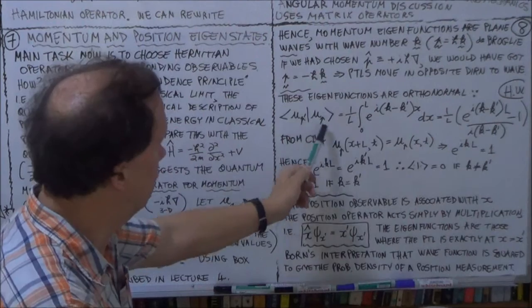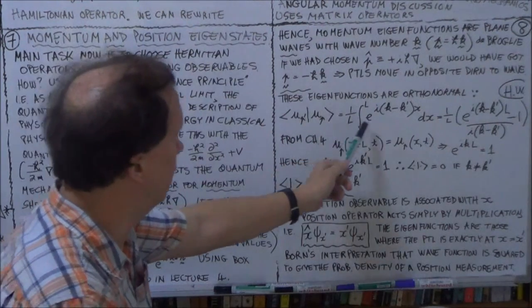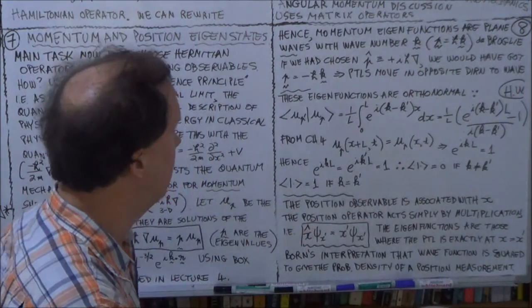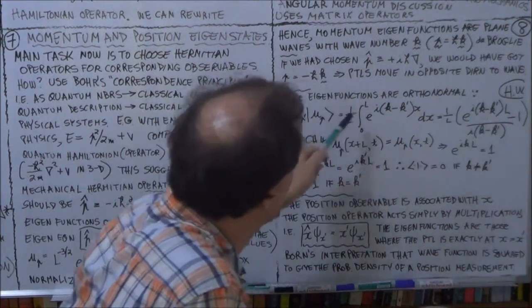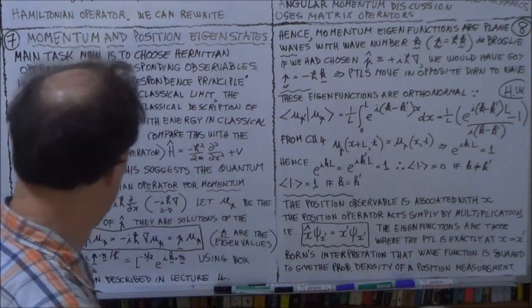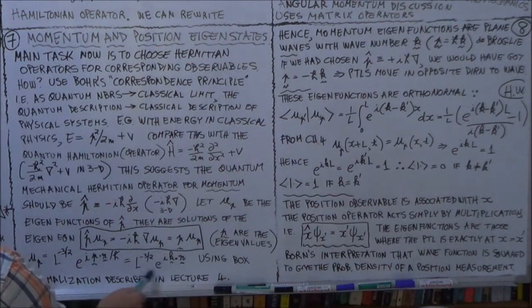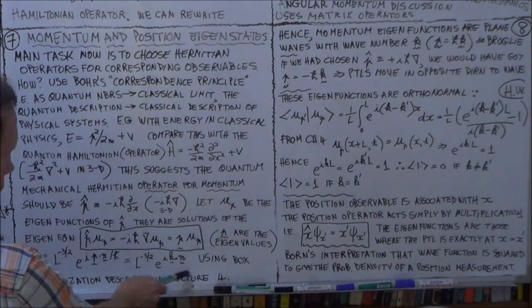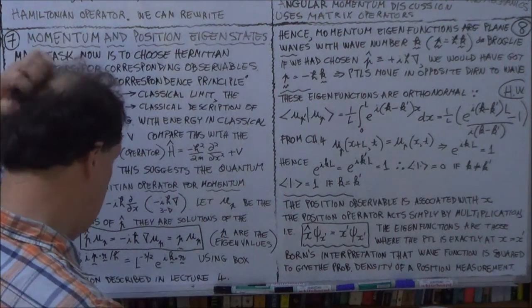Well, this bracket you can write in terms of the integral form, the overlap integral form. I've put it here, homework. You do this for homework. That's the form of your eigenfunction.